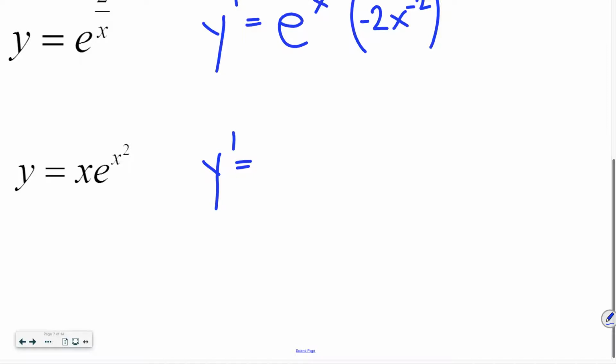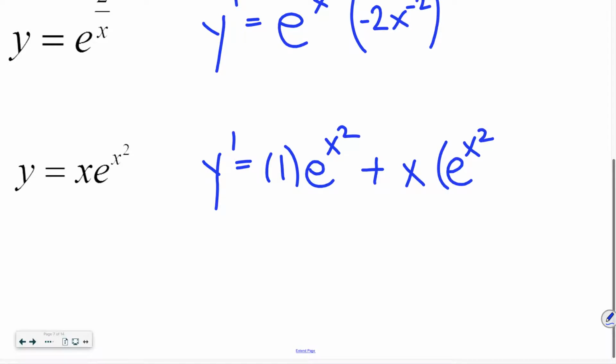Okay, let's try our product rule. Chris, what's the derivative of the first function? 1. So we have 1 times our second function, e to the x squared, plus our first function times the derivative of our second. What's the derivative of the second function?